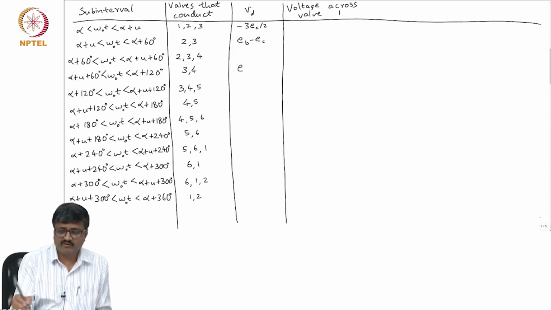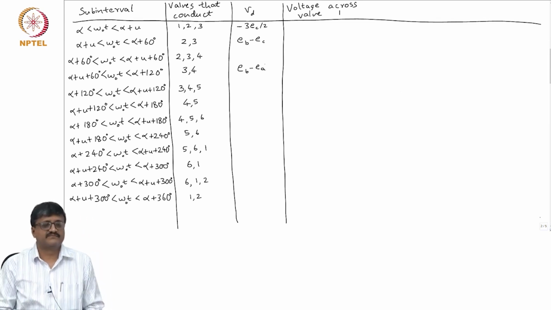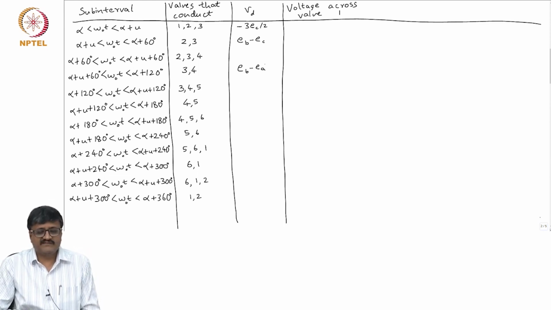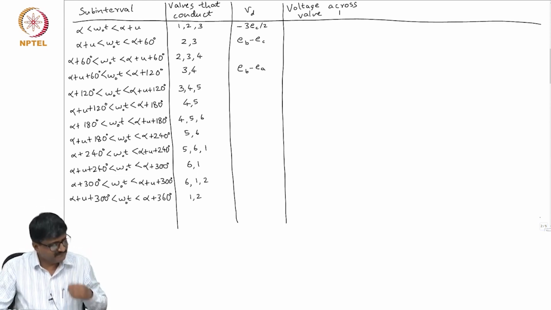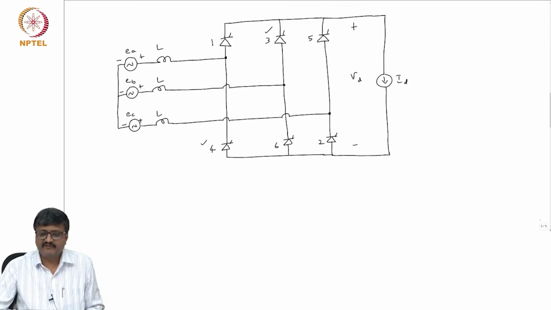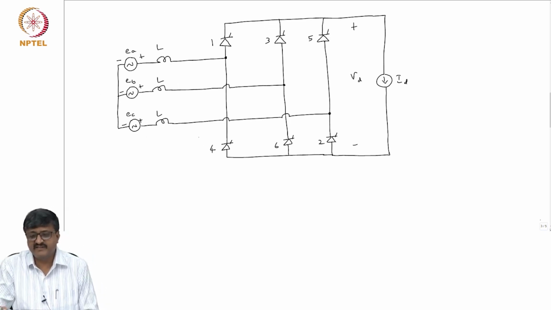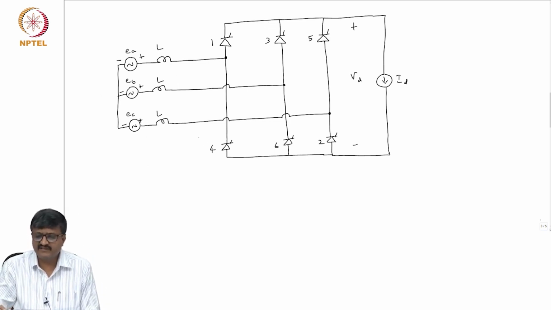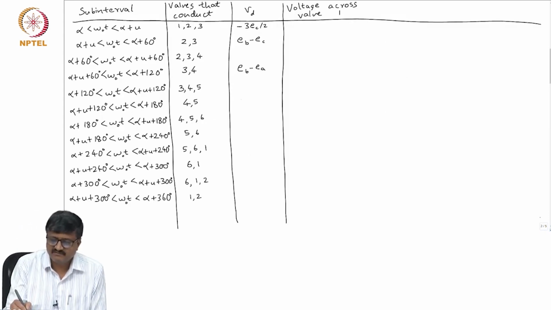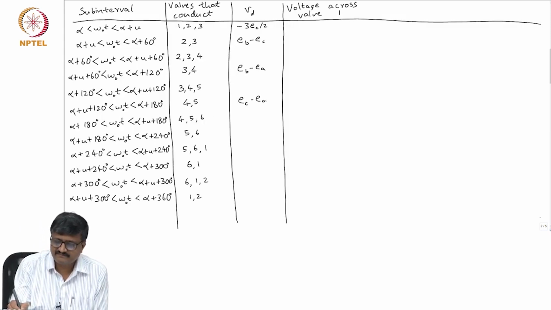So, I will come to the third row shortly. I will just fill the easier ones first. Then, if I come to the fifth subinterval, again there are two valves conducting, 4 and 5. So, when 4 and 5 conduct, can I say what is the expression for VD? 4 and 5 conduct, EC minus EA.